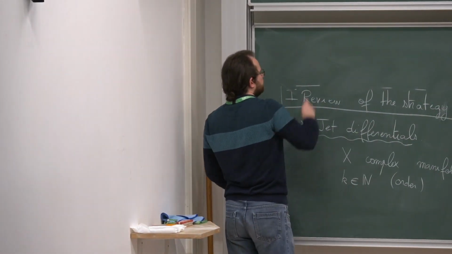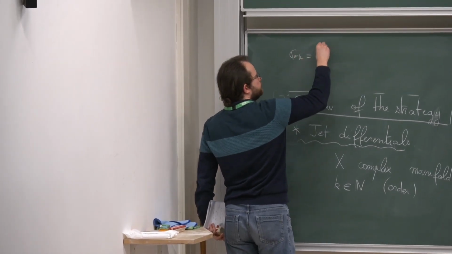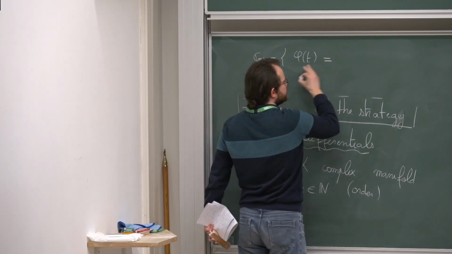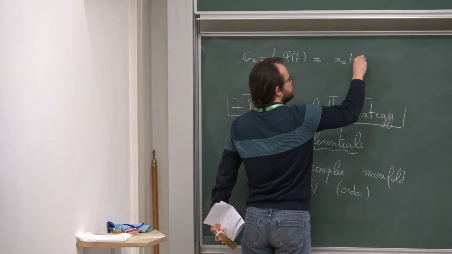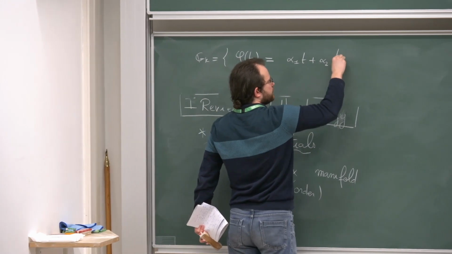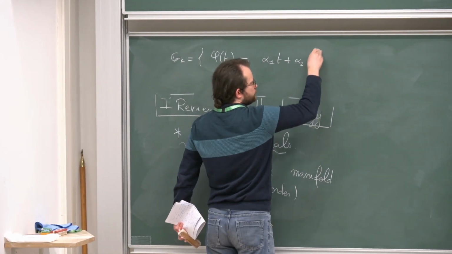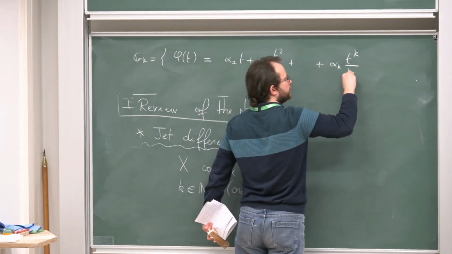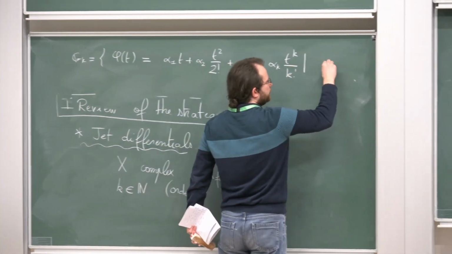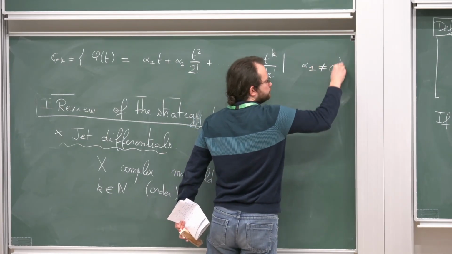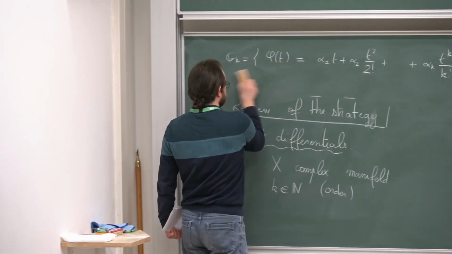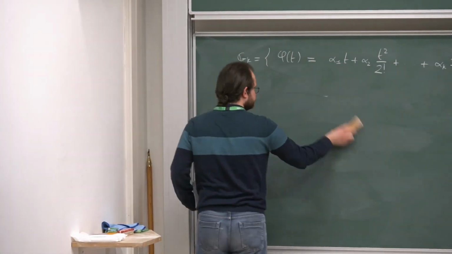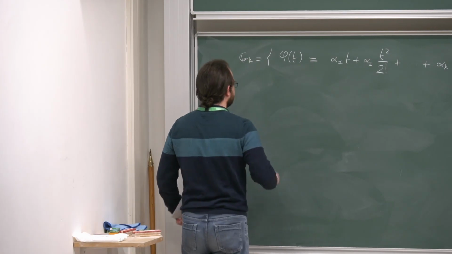So G_k is simply the set of all phi(t), which you can write as alpha_1 t plus alpha_2 t squared over 2 factorial, etc., until alpha_k t to the power k divided by k factorial, with alpha_1 different from 0. Okay, so these are dimension k linear algebraic groups, and they have a natural action.